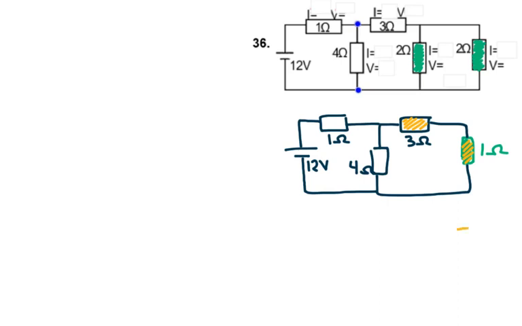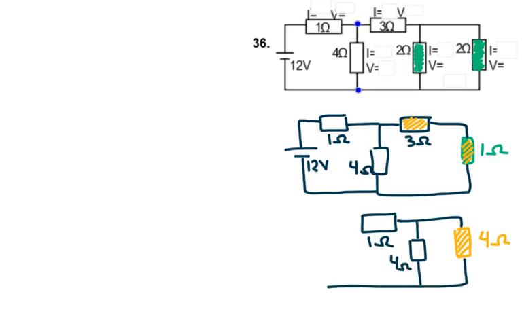So I can rewrite them again as one resistor, and just add them together. That will give me 4 ohms. And what I still have left is a 1 ohm resistor and a 4 ohm resistor and the battery.